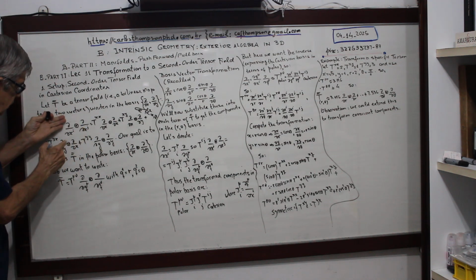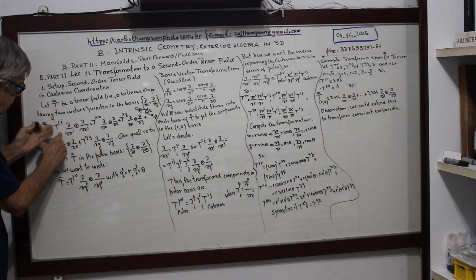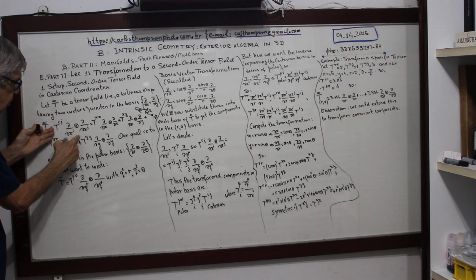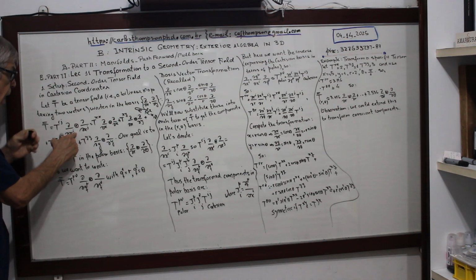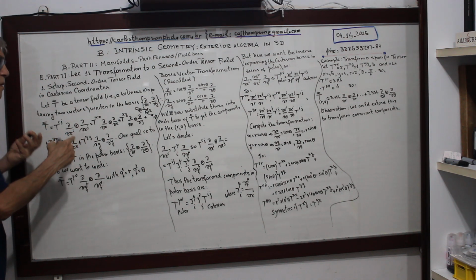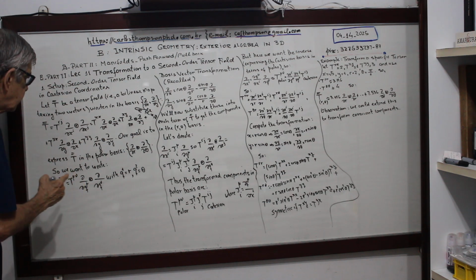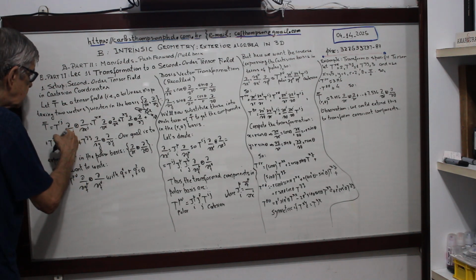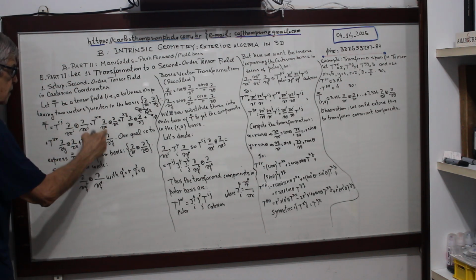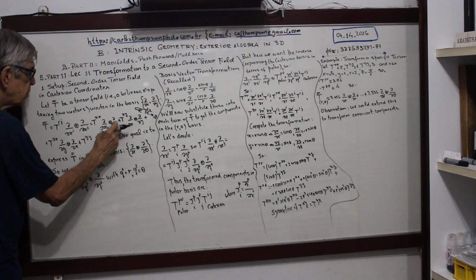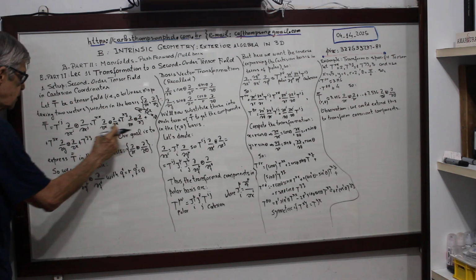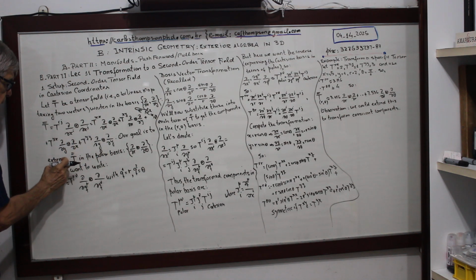In this case here, this is free, and this is dummy now. You see, a dummy index is a lower and upper index, which is covariant. Now I can expand Txx, you see, that's a basis, okay, in Cartesian coordinates.